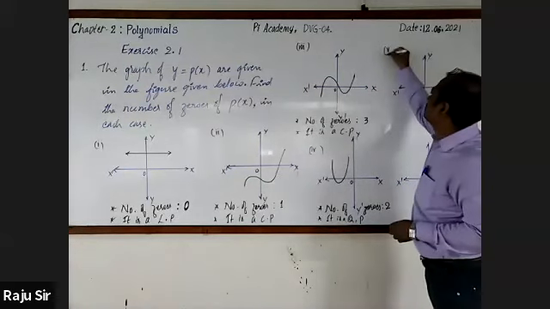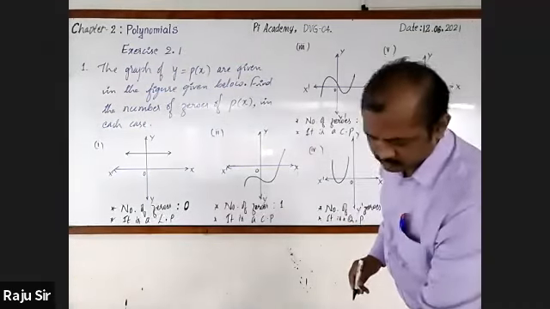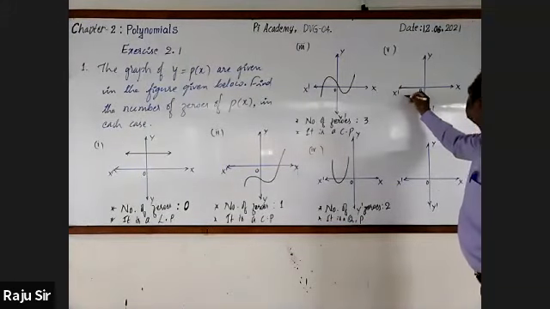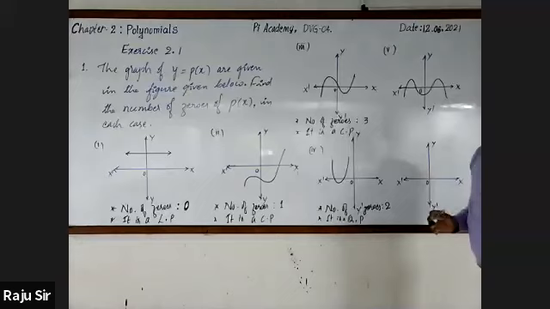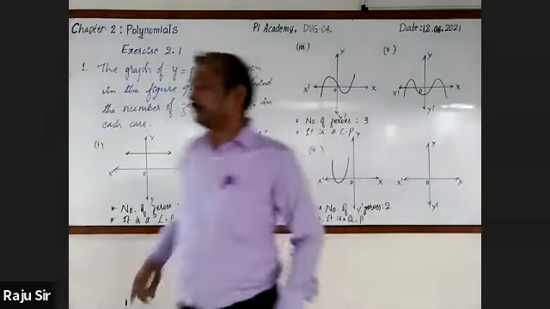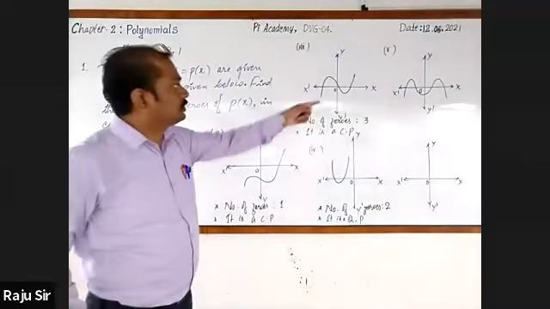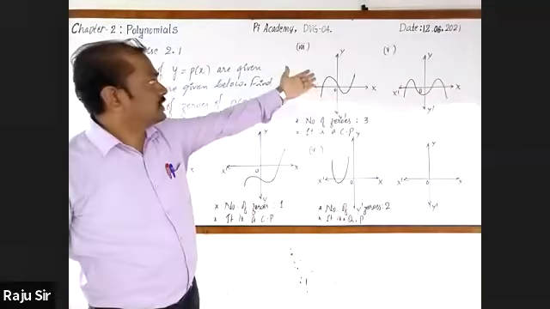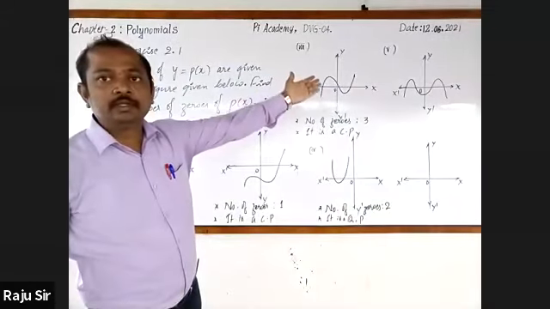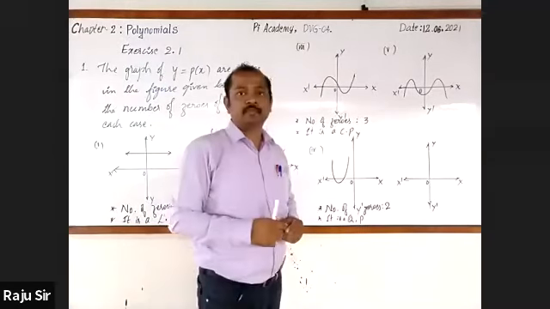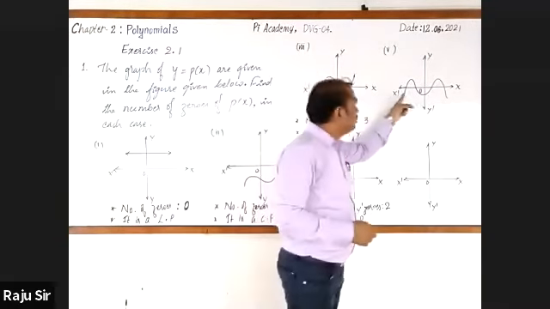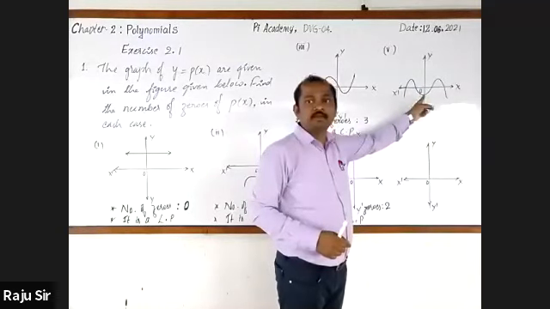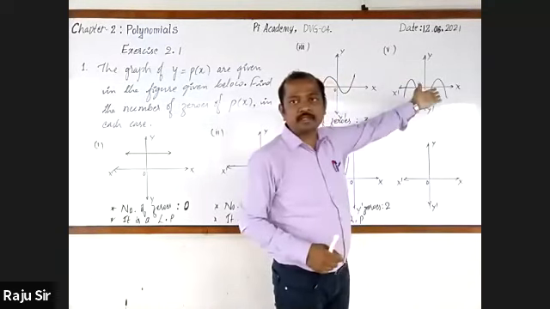Next, the fifth one. Now, go through that. The nature of the graph with respect to the fifth one, it is a curve. And you should also observe the number of points on the x-axis where the graph has intersected.